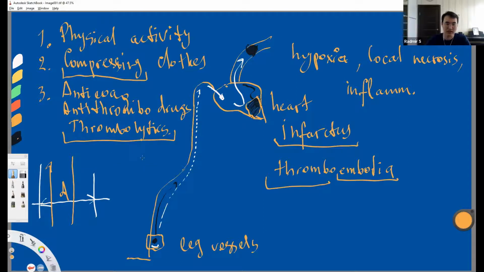So we kind of peel the thrombus. So let's say this is the thrombus, and we peel it layer by layer. And in this case, we reduce the detachment probability. So this is how to fight the thrombosis, and I hope it was clear.